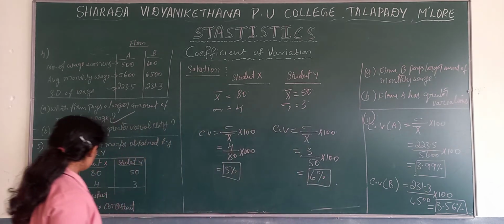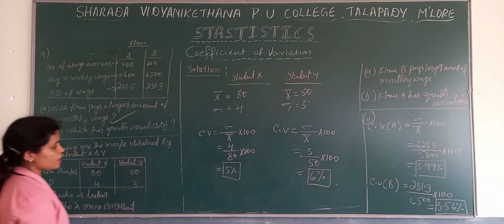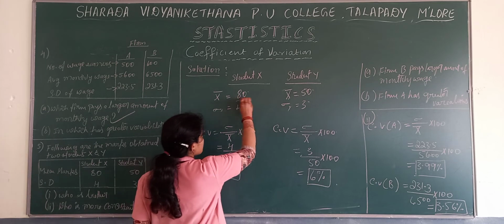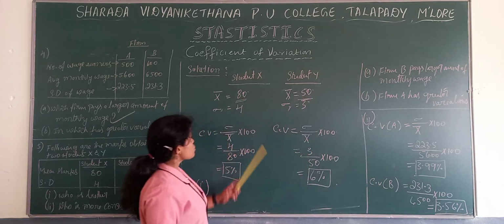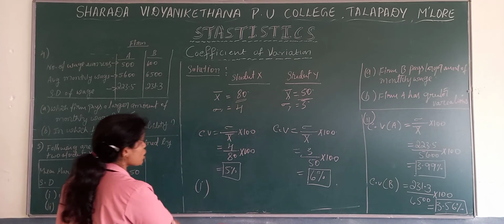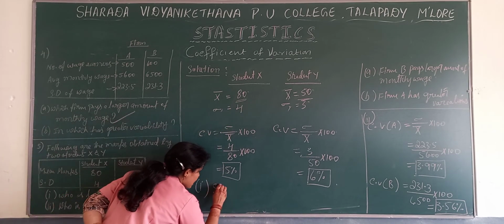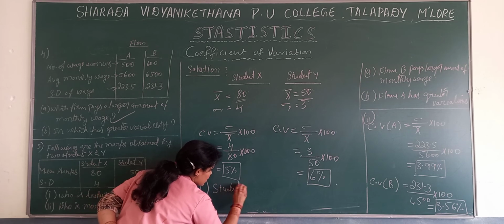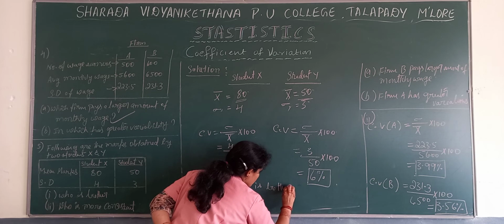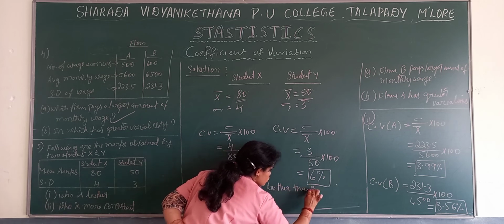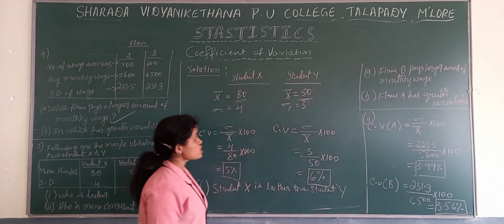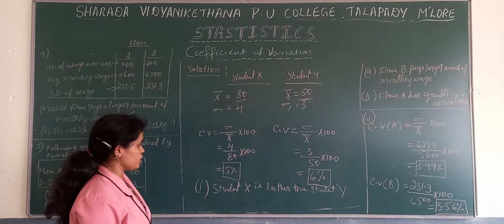Now see the question. The first question is who is better? Who is better means we need to observe the mean there. Which student has greater average? Student X has greater average. So we can consider student X is better than student Y, because he has greater average.